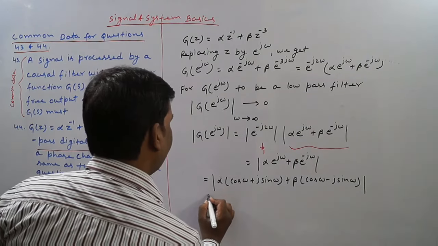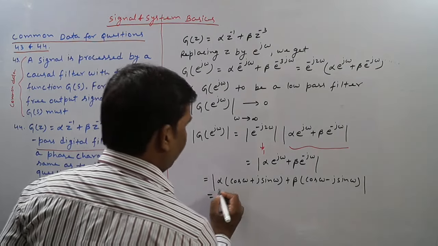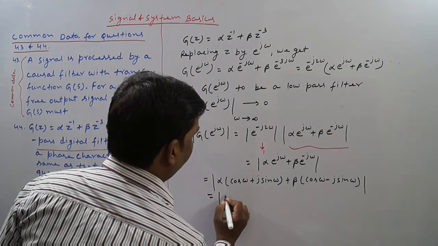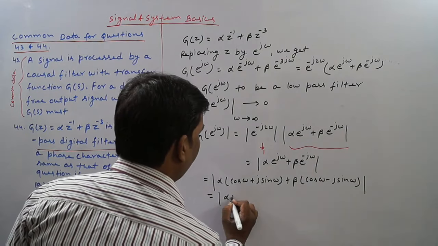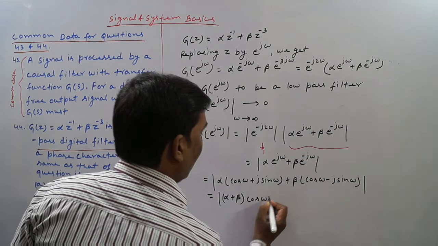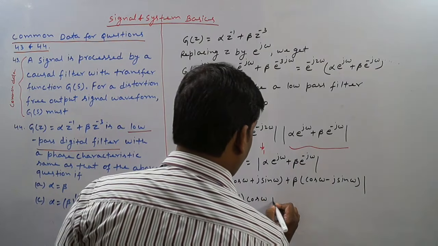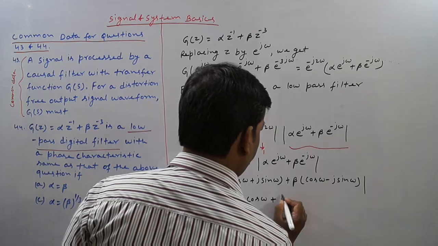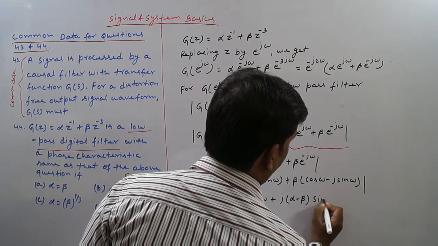If we separate the real and imaginary parts, it will be (alpha plus beta) cos omega plus j (alpha minus beta) sin omega.